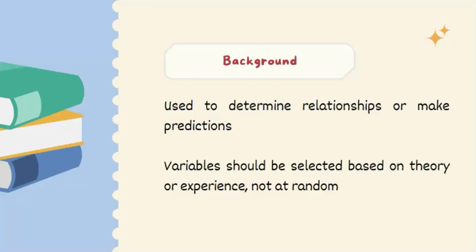And I said before that one of the most important things was looking to make sure our variables could be quantified, but really we should also be looking at these variables as we're selecting them based on theory or experience, some kind of idea to back up why we're selecting these variables, not just randomly choosing and looking to see how maybe dogs would predict or relate to people liking baseball.